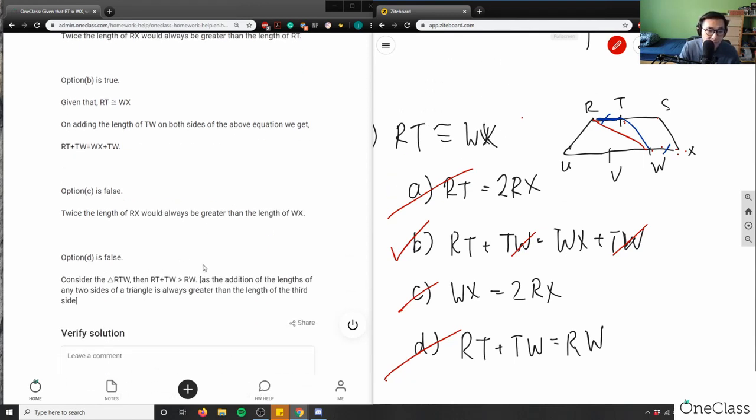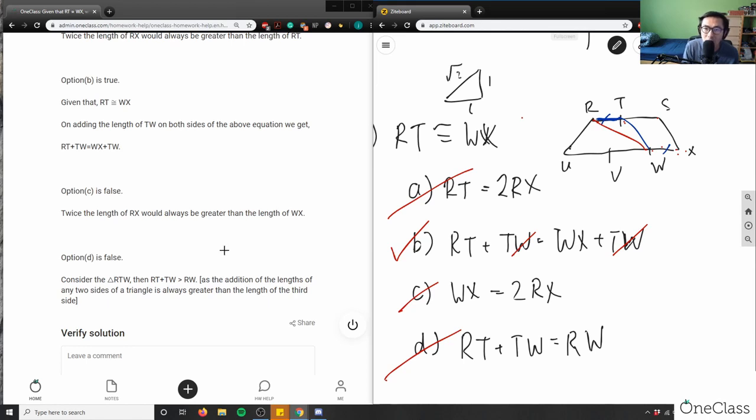D is also false. Consider the triangle RTW. RT plus TW is greater than RW, because the addition of the lengths of any two sides is always greater than the length of the third side. It's the same concept as if I had any triangle with sides 1, 1, and root 2.